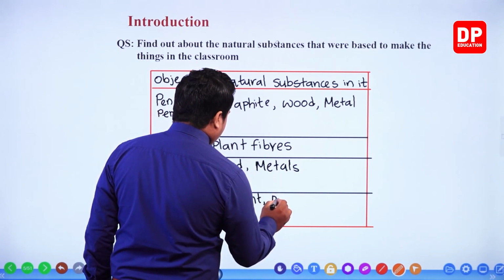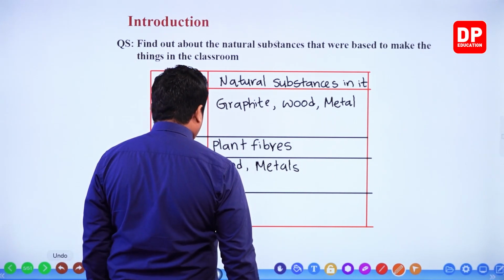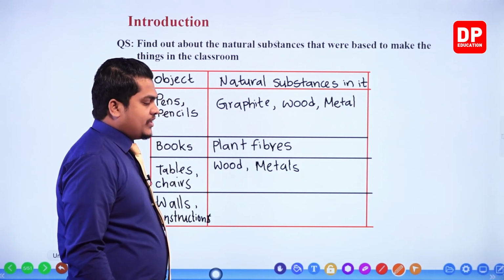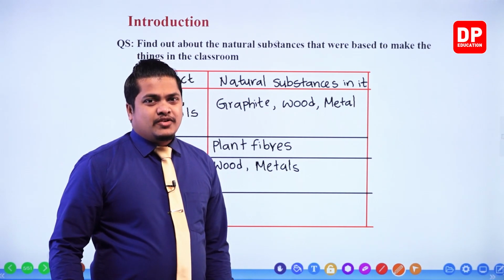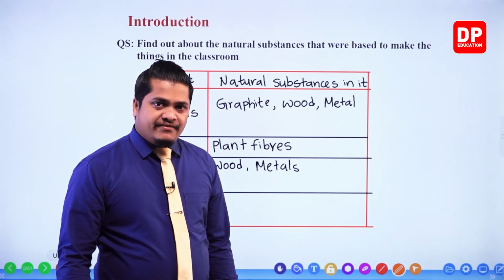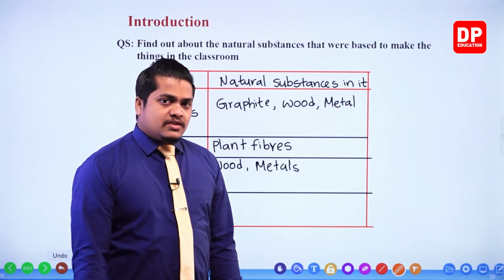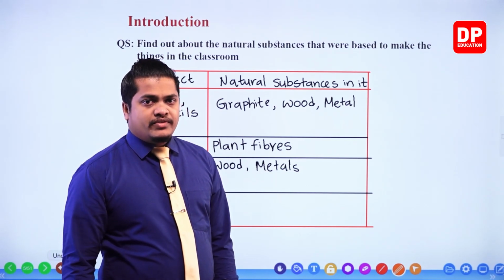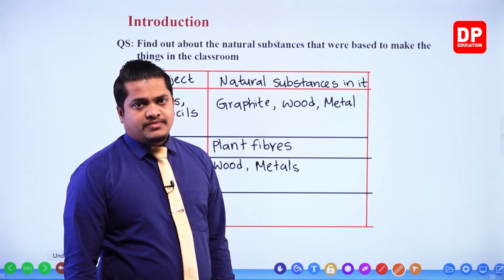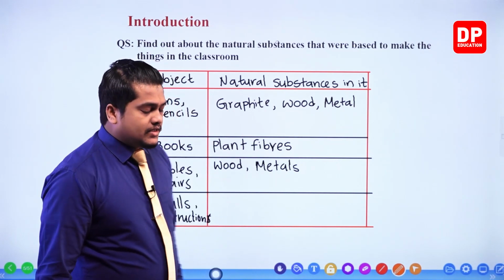Then bricks, right? So cement, I'll erase cement because you know that cement is not a natural substance. However, cement is made up of natural substances. I mean, we utilize natural substances in making cement, but however, cement cannot be taken as a natural substance. It's artificially made. So I'll erase it.